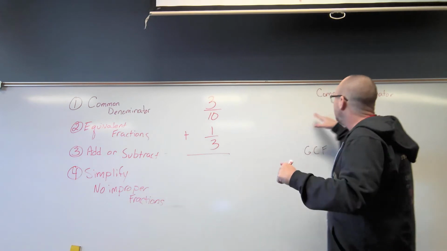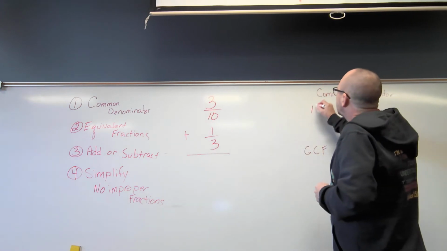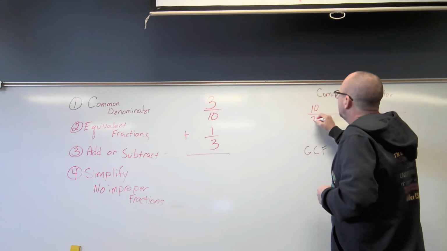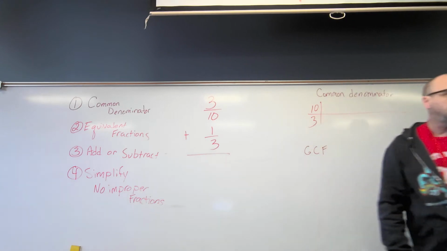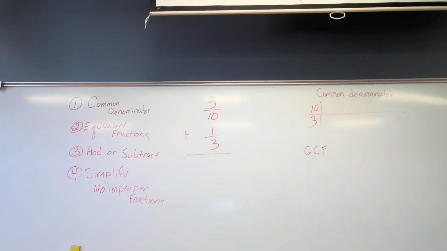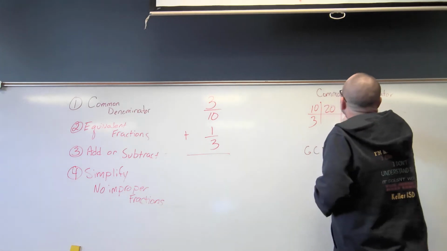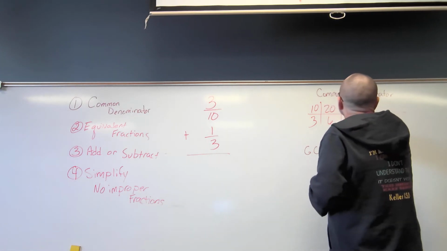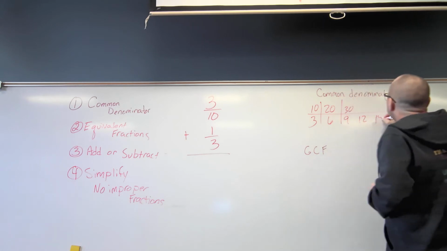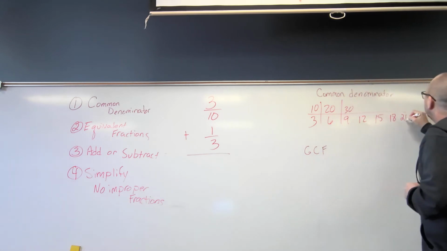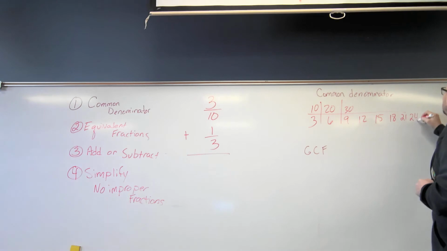To find the common denominator, we take our two denominators, 10 and 3, and we find the first multiple they have in common. So 10, 20, 30; 3, 6, 9, 12, 15, 18, 21, 24, 27, 30.